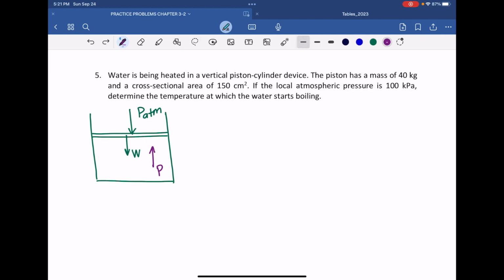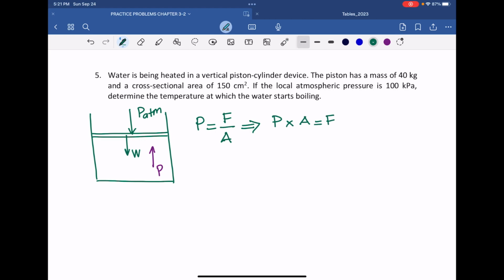We can calculate the pressure of your water from a force balance, and this will require us to remember what pressure is. Pressure is force acting at the point, force over area, right? So therefore, if I want to write a force balance, I need to represent that pressure in terms of its force. So I need to multiply pressure with area.